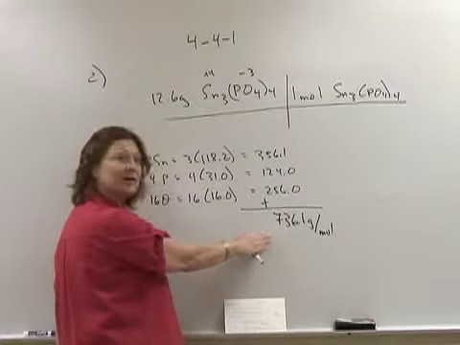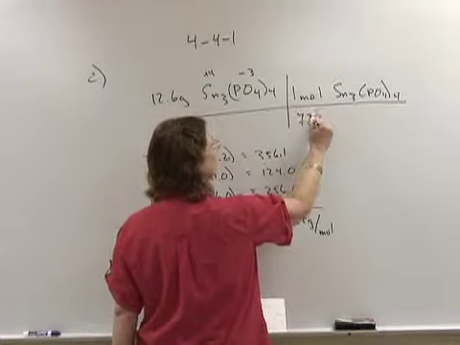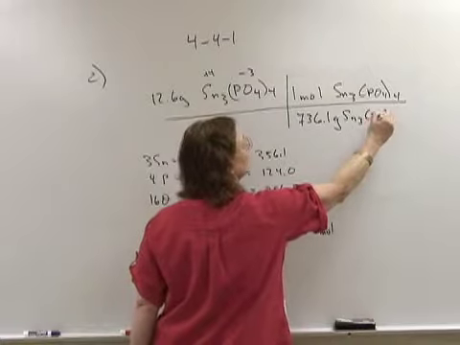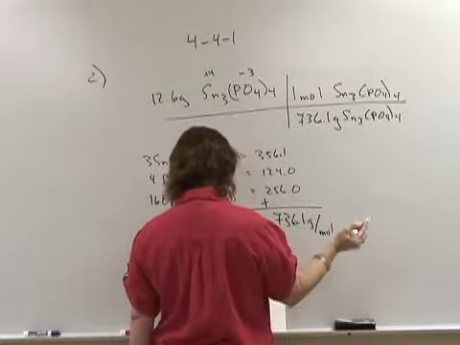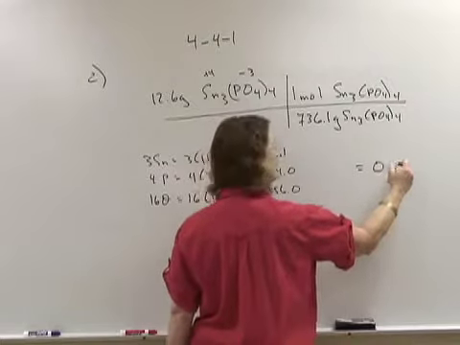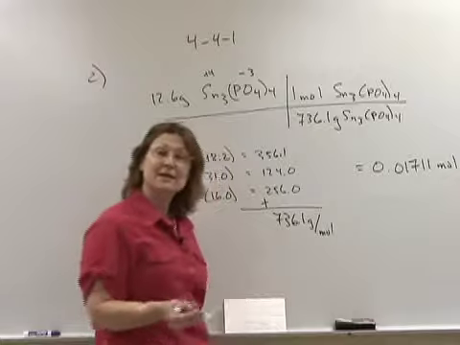That's very, very heavy. Now, I will put this on the bottom so that my grams cancel. And when I do the math here, I get 0.01711 moles, and I need molarity.